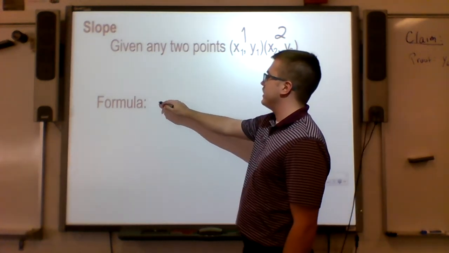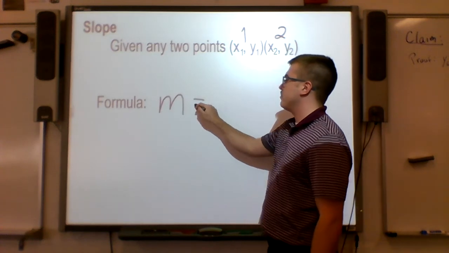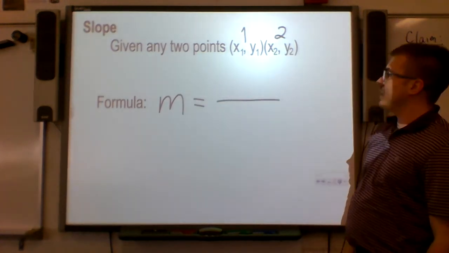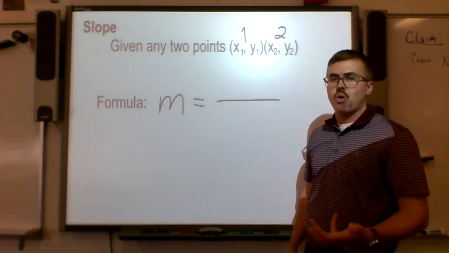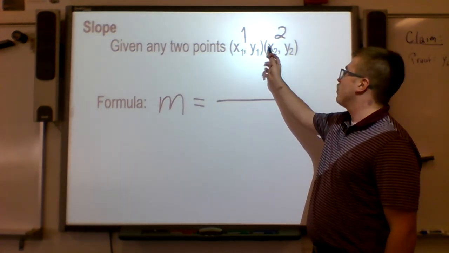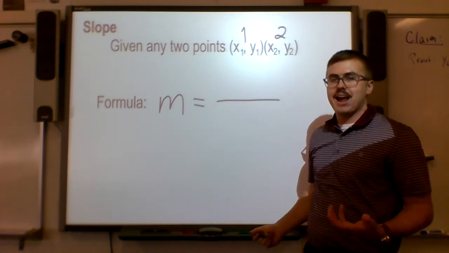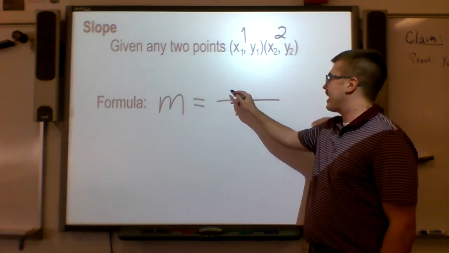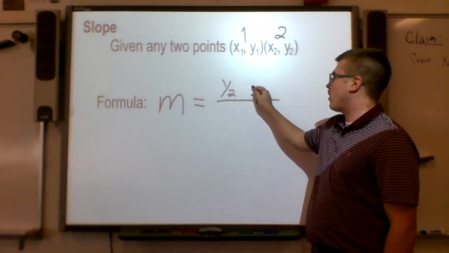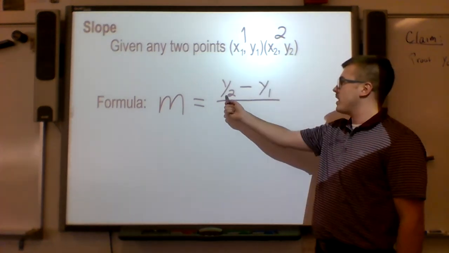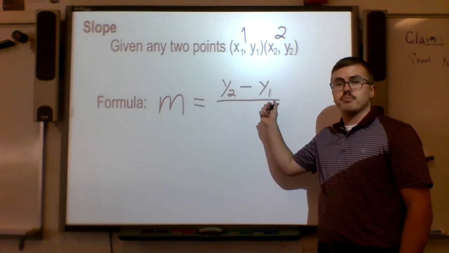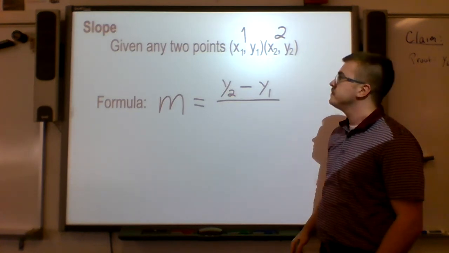If we're trying to find slope, again, we're going to use m for this. If we're trying to find slope, again, we're looking for that change in y. How do we get from y1 to y2? What do we need to add by? To figure that out, we subtract y2 minus y1. The second y value minus the first y value.